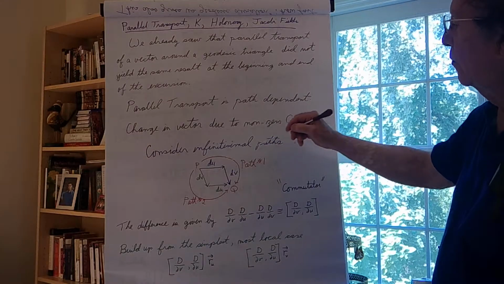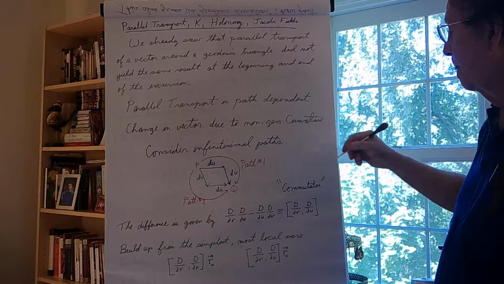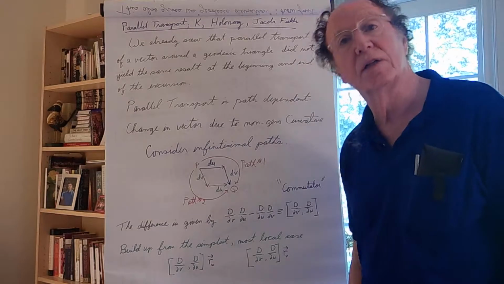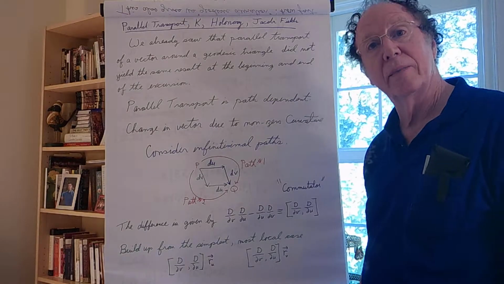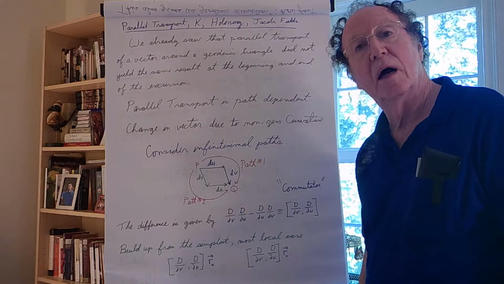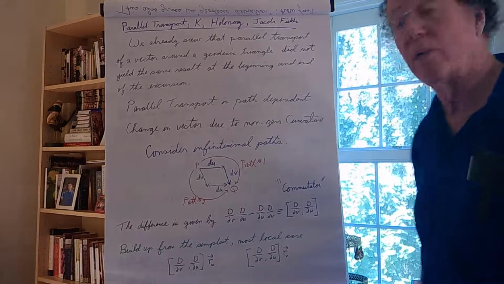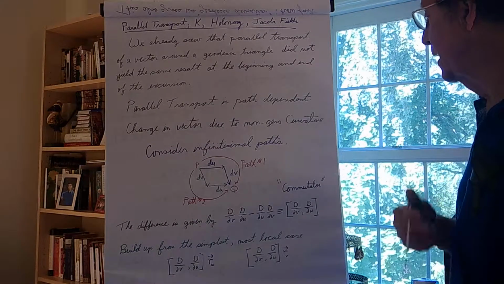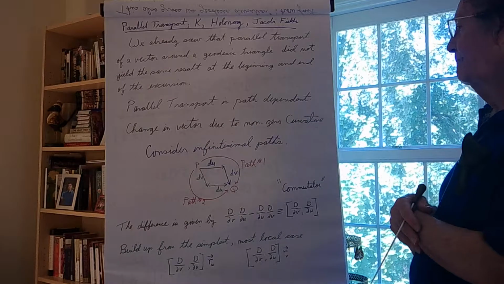In other words, go on one path and then on the other path. That's a commutator. Claim is that commutator is non-zero. It's going to be a measure of the local curvature at the point where I evaluate it. That's holonomy, and that's what we want to pursue today.